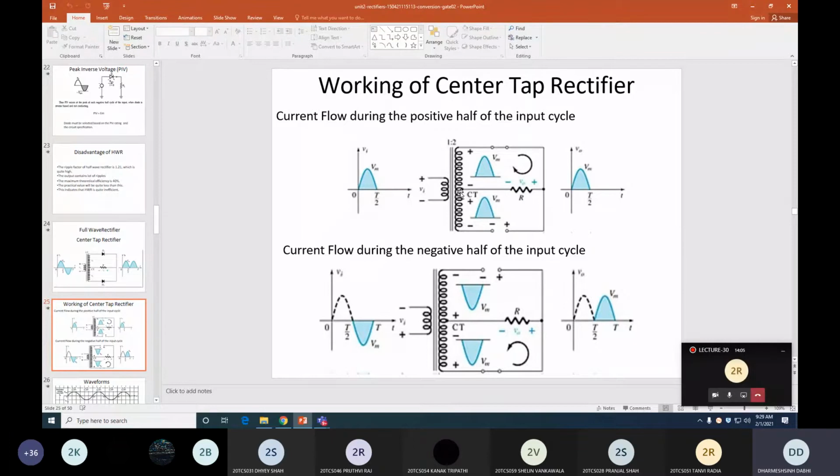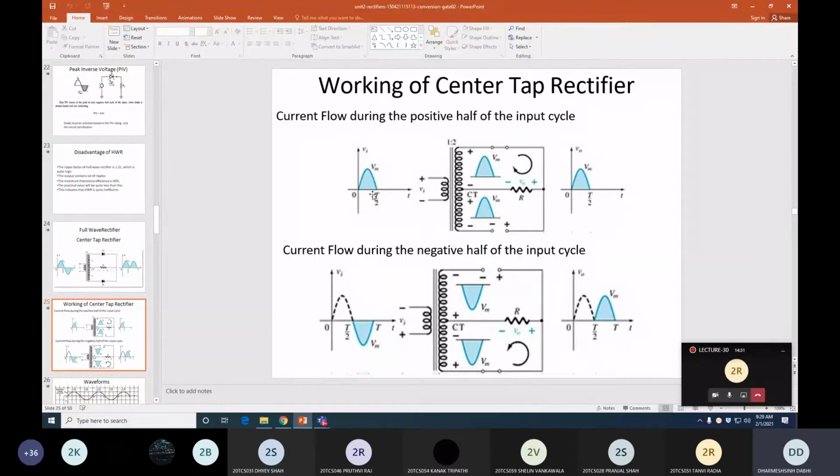You can see that the secondary center tapping is provided at the center of the secondary. So in one half of the secondary you get the same as the supply voltage, and in the second half you also get the same as the supply voltage. Suppose the supply is 100 volts, then across the whole secondary you get 200 volts. So in the upper half you get 100 volts and in the lower half you get 100 volts.